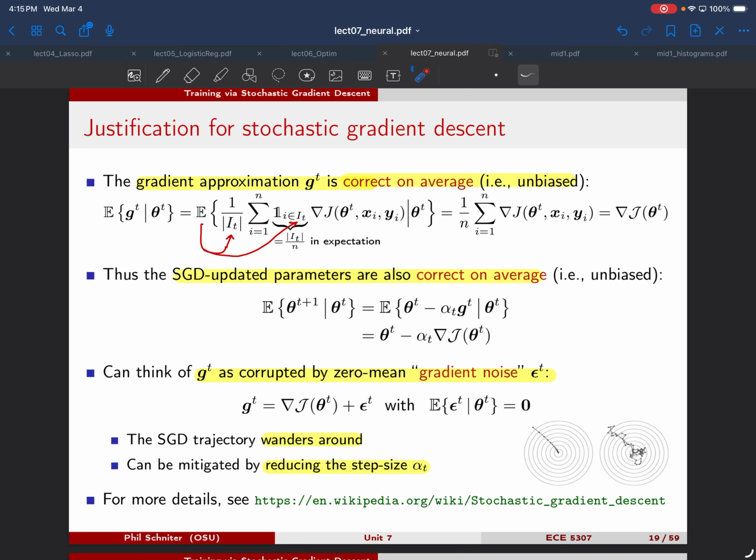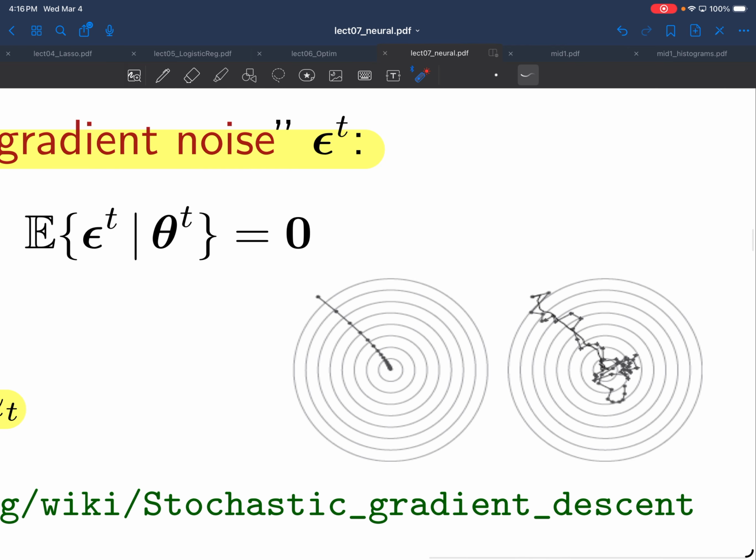And we find that basically we get back the gradient. And so essentially that means that our stochastic gradient is the true gradient plus some gradient noise that is zero mean. So when we use this stochastic gradient descent algorithm, instead of taking a smooth trajectory downhill, we take a noisy trajectory, but on average, it still follows exactly the smooth trajectory.